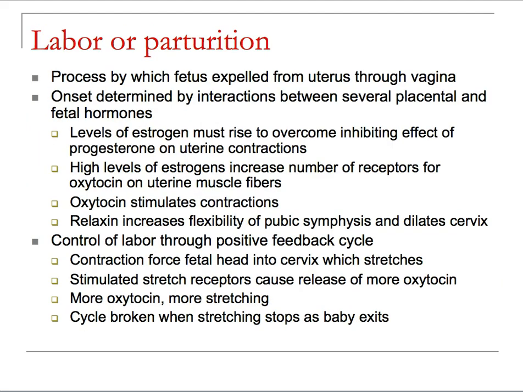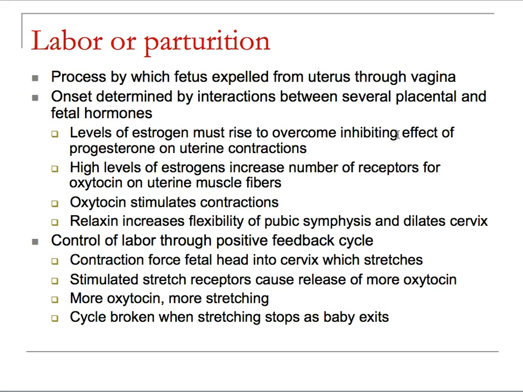So what is labor? Labor, of course, is the process by which we expel the fetus from the uterus through the vagina. The level of estrogen must rise to overcome the inhibiting effects of progesterone on uterine contraction. Now I know I haven't said it this way before, so I want to make sure you get the idea that the hormones inside the bloodstream are competing with one another, meaning estrogen and progesterone were competing.